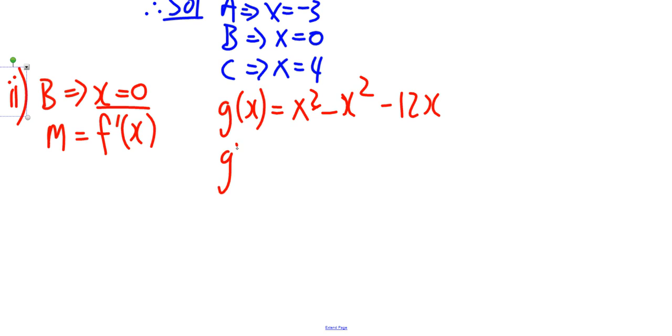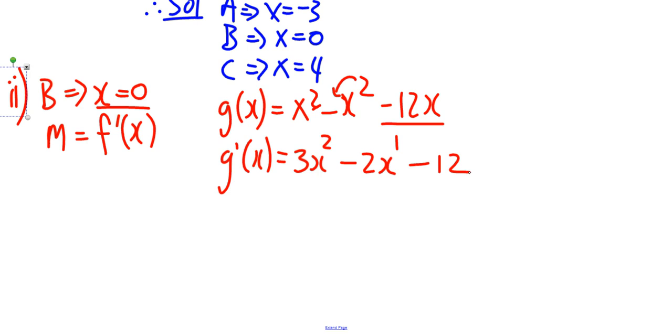So we get the derivative of g of x will be equal to 3 times 1 is 3, decrease the power by 1, so 3 minus 1 is 2, minus, bring the power down, so 2 times minus 1 is minus 2, x to the power of 1, because I'm decreasing the power by 1, and the derivative of minus 12x is going to be minus 12. So this is my derivative function.